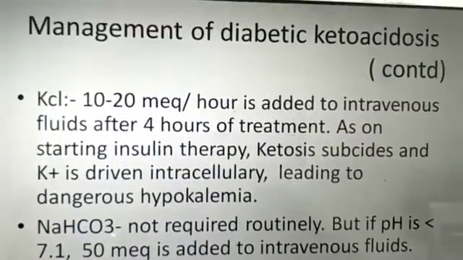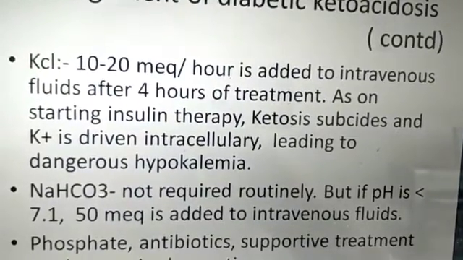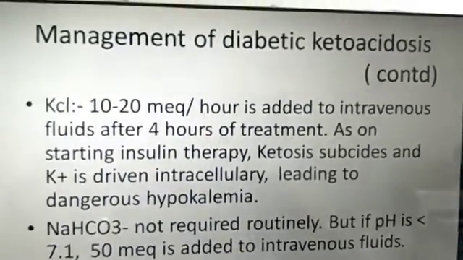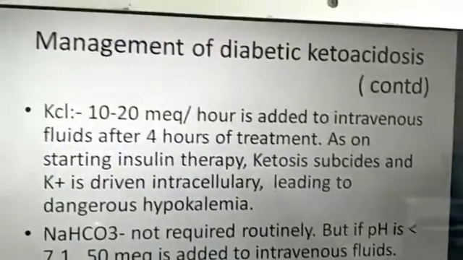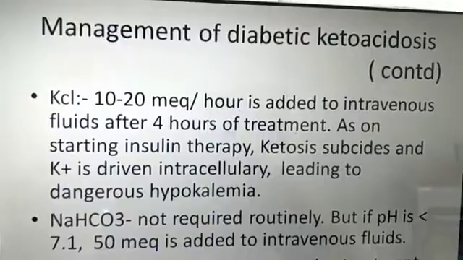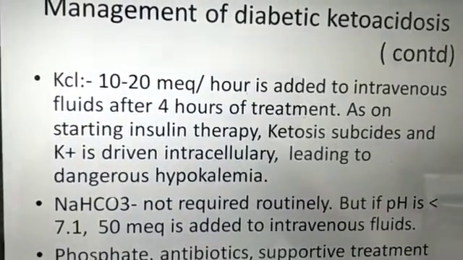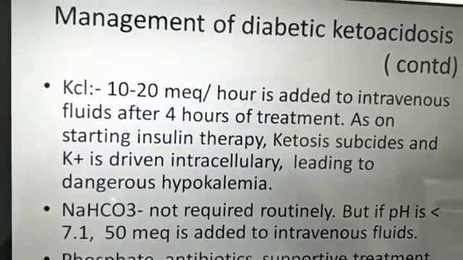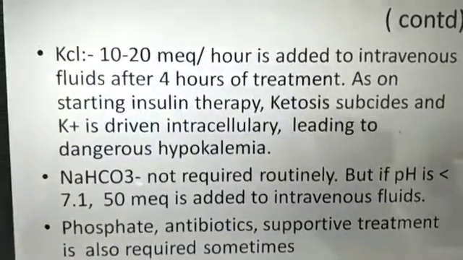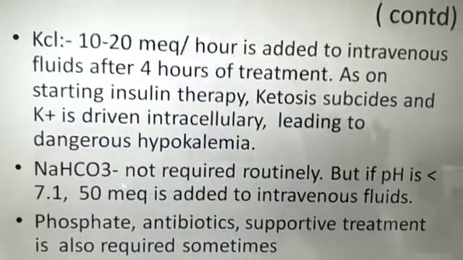So, in the management of diabetic ketoacidosis, we have seen 5 things: IV fluids, initially normal saline, then half normal saline, then glucose in normal saline. Second is regular insulin given by intravenous bolus dose, then intravenous infusion, and then reduced dose.